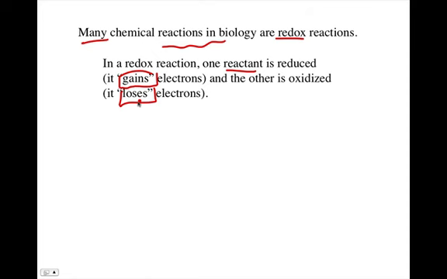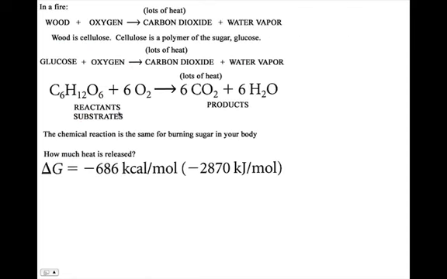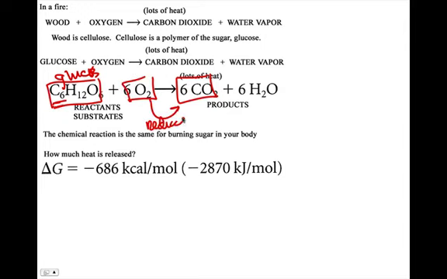We want to use that terminology because our book uses it a lot, so let's go back and see this. In this reaction, the carbons in this glucose get oxidized to CO2, and the oxygen gets reduced. So O2 gets reduced, and especially the carbon we focus on gets oxidized.